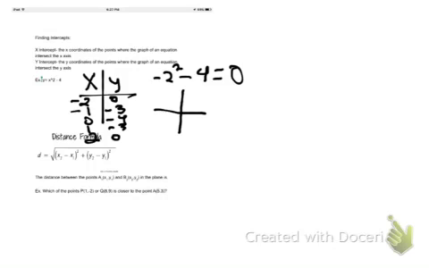So then to graph this, we're going to use our ordered pairs. If you go -2, 0, there's a point there. And then -1, -3, a point there. And then 0, -4, so we're going to do another one there.